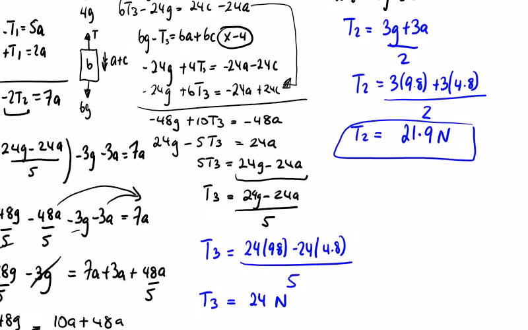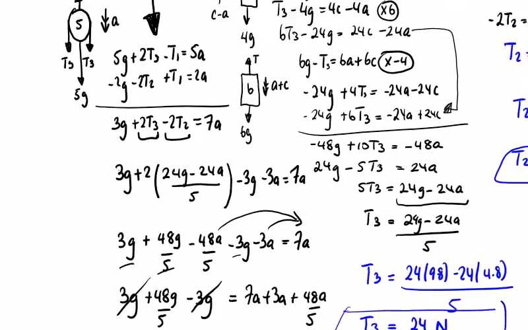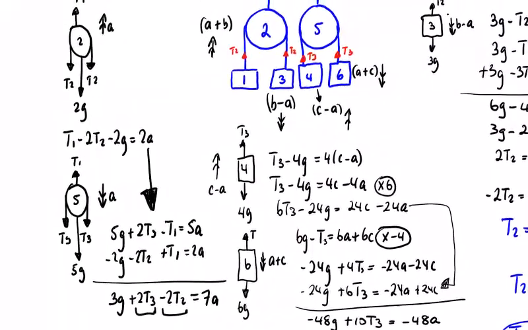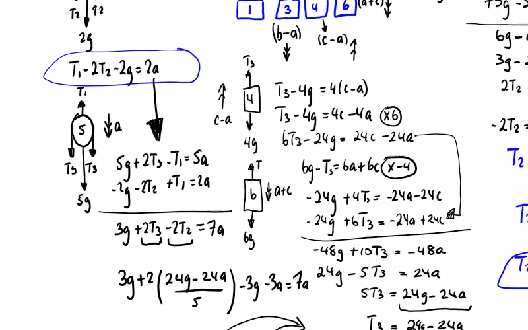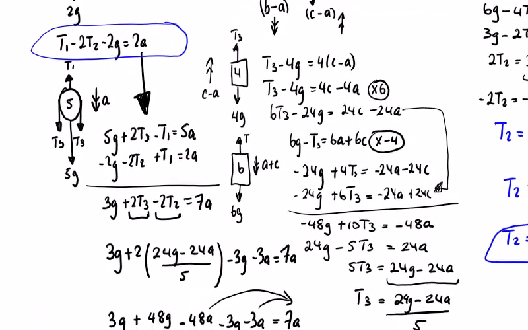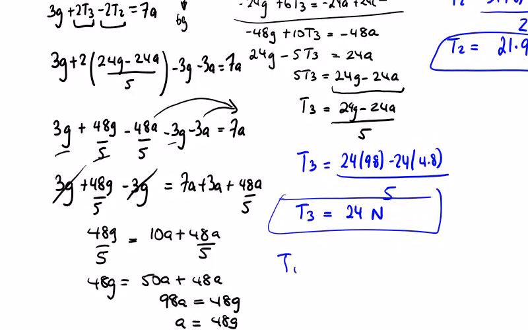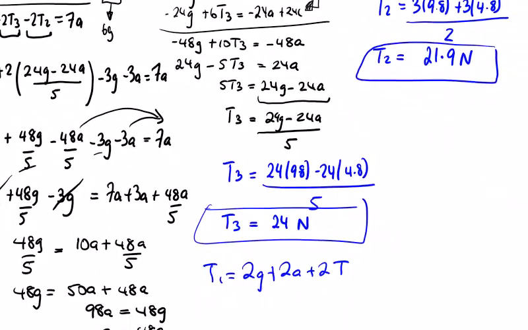And then T1, where's my T1? Let's find the easiest equation for it. T1 is equal to 2A plus 2G plus 2T2.